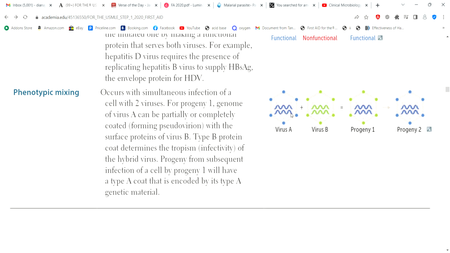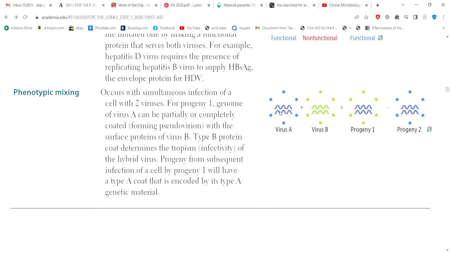So if you see right here, for progeny 1, the genome of virus A can be partially or completely coded. The genome is the stuff on the inside, the DNA.